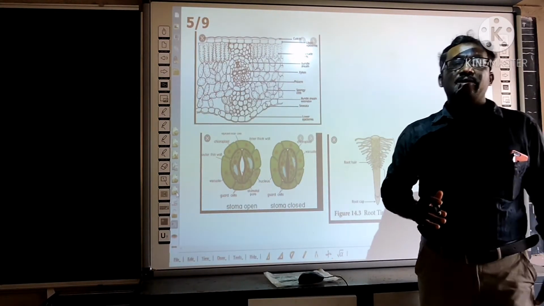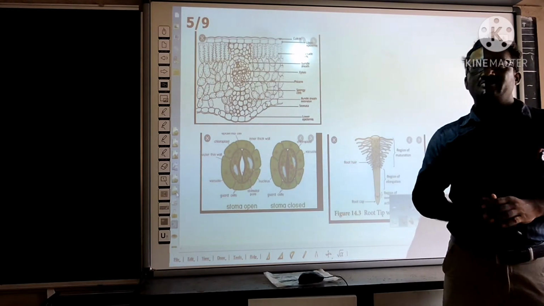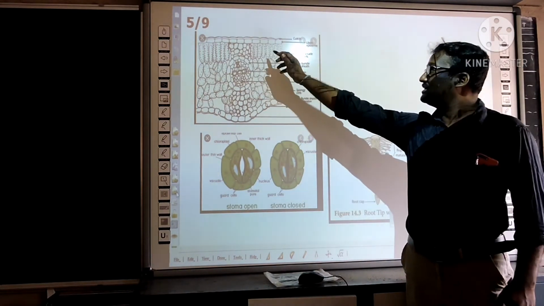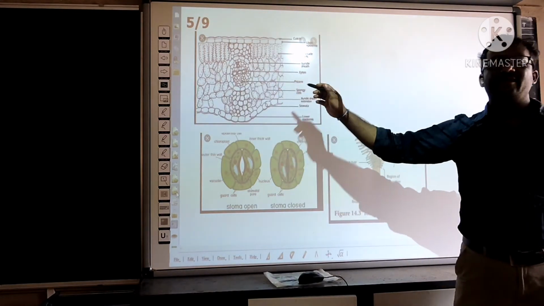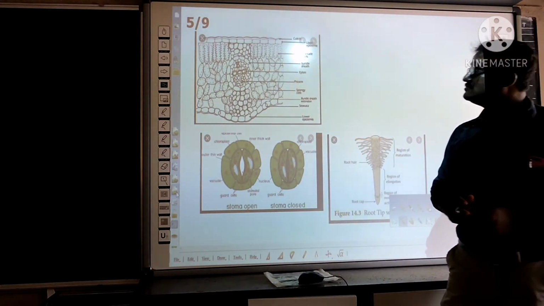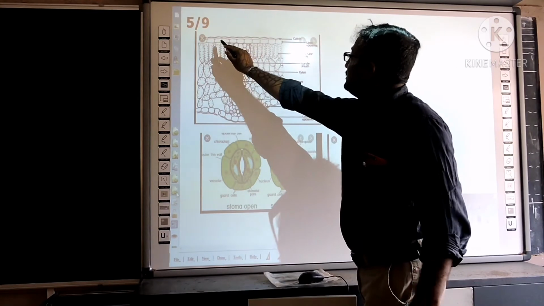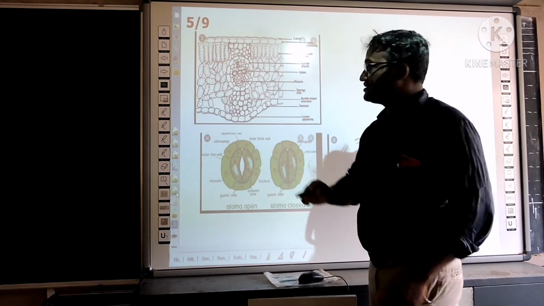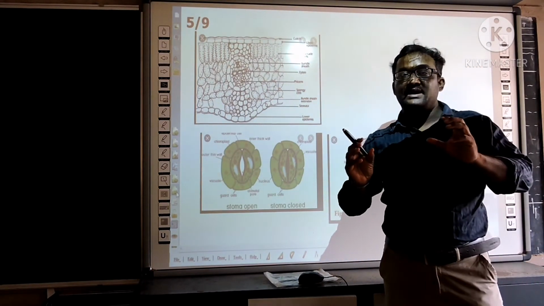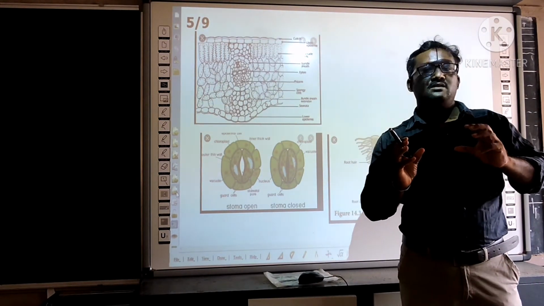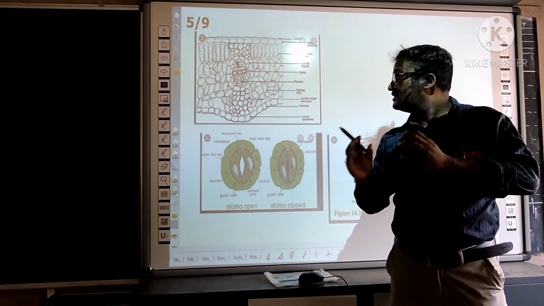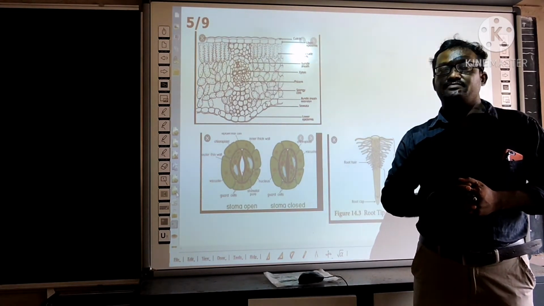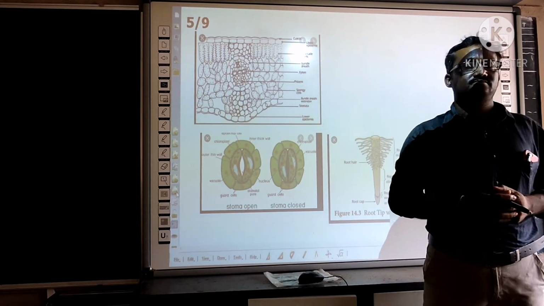It performs various functions in various plants. For example, if you observe the TS of a leaf in dicot plants, this is the epidermis, the upper epidermis and the lower epidermis. The gaseous exchange parts in the leaf, can you name them?